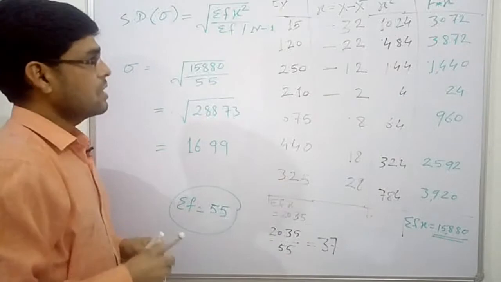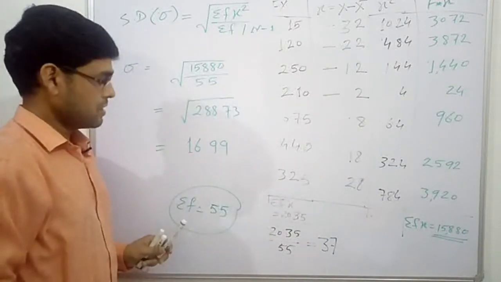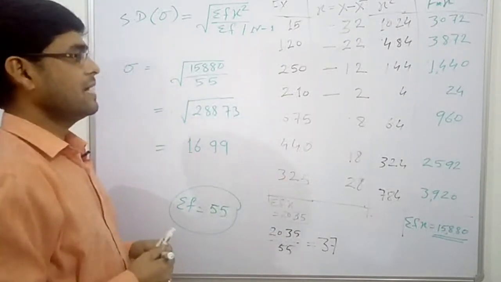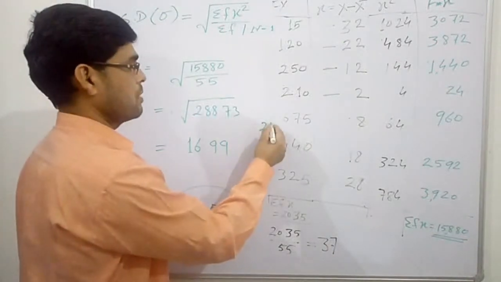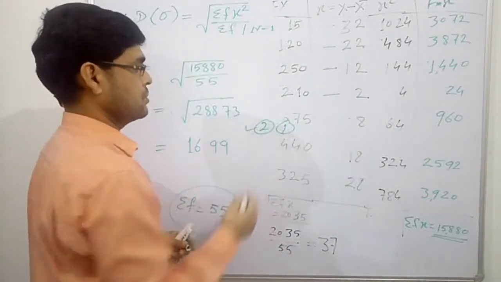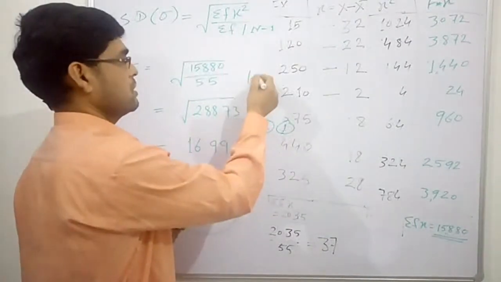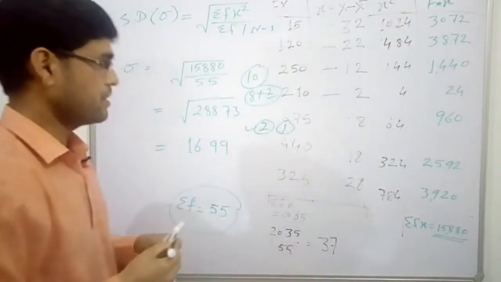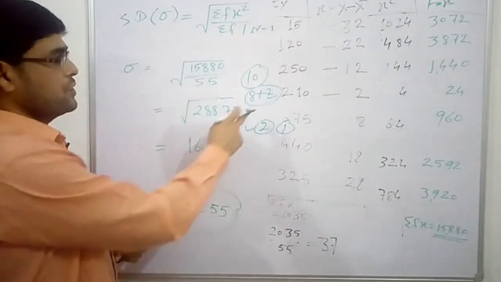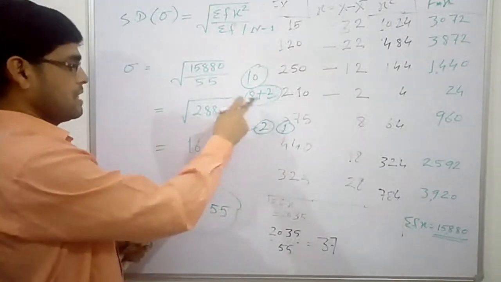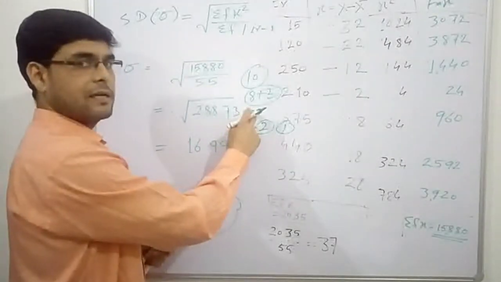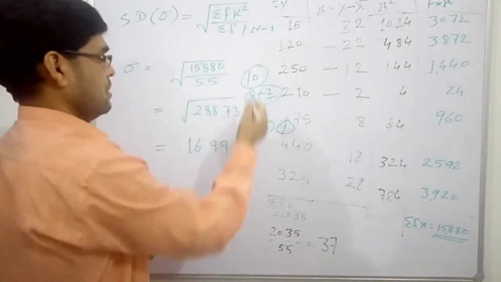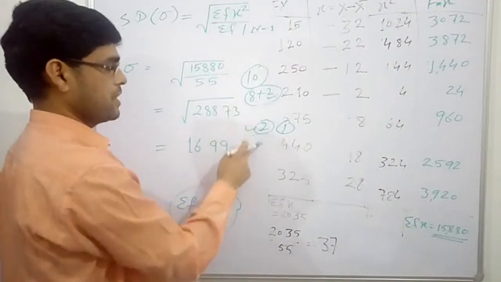Sometimes it is also asked in examinations that you have to calculate the coefficient of variation, CV. As a part of the question it will be asked for either 2 marks or 1 mark, generally 2 marks. Let us say the total question is of 10 marks, so it will be 8 plus 2, where 2 marks are for the coefficient of variation. It is also asked in many examinations as a multiple choice question, where you are asked the formula of coefficient of variation.